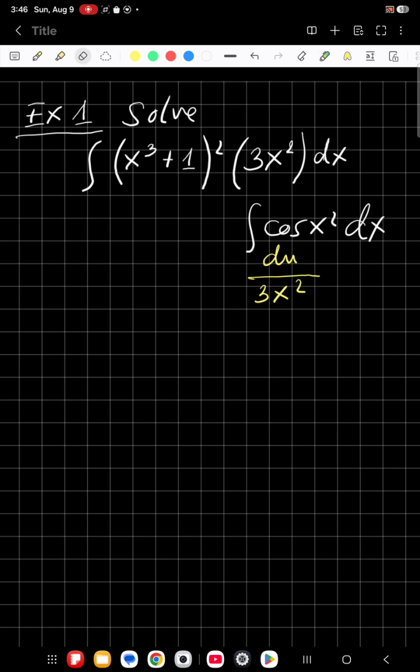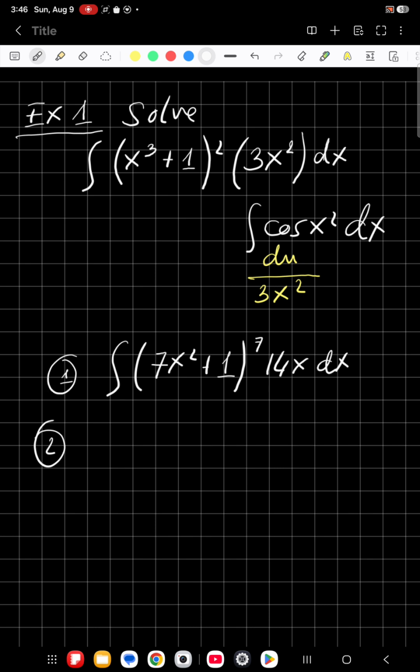Let me give you a different example. Let's say we have (7x squared plus 1) to the 7th, and then we had 14x dx. Let's say this is problem number 1.